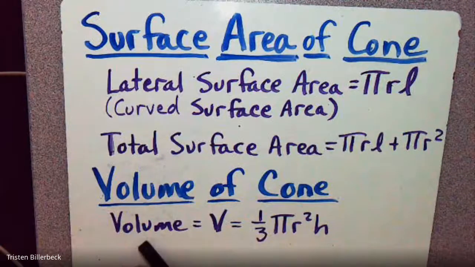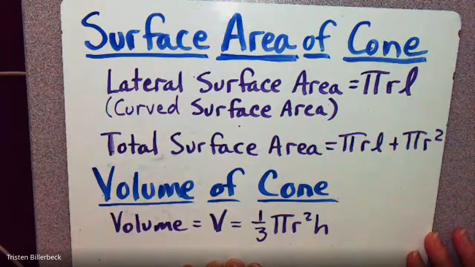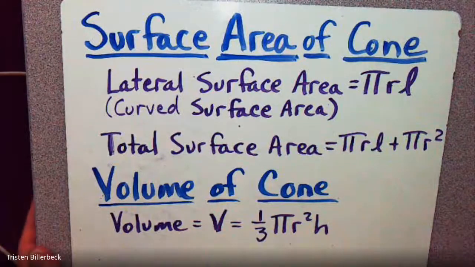Then volume, again, is just 1/3 pi r squared h. So these are the important formulas of a cone. I would write them down unless you still have my handout that has them on it.